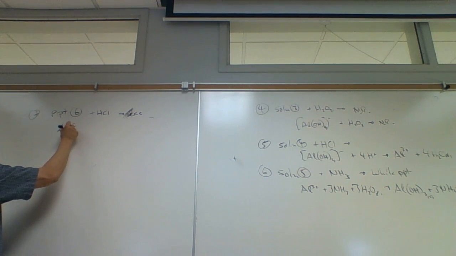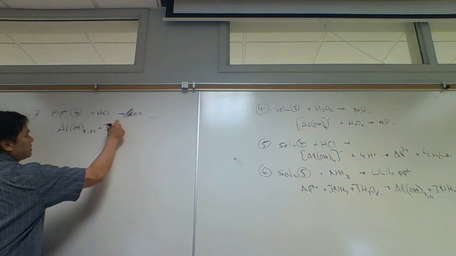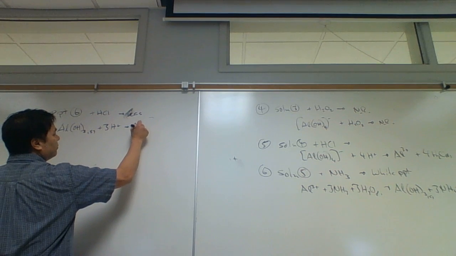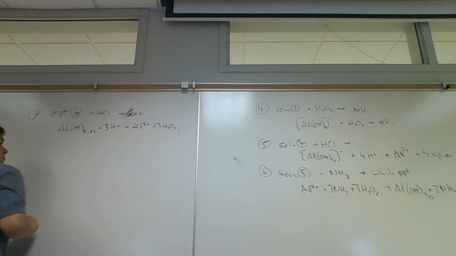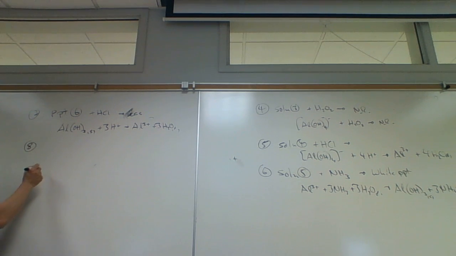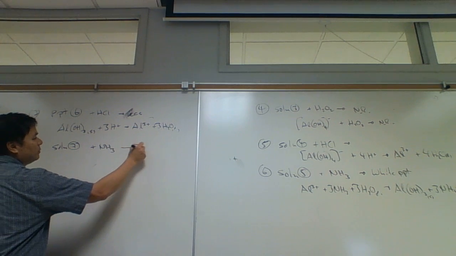The equation for that is just aluminum hydroxide solid plus 3 H plus should give us Al3 plus 3 waters. And then what? You add ammonia with aluminon. So we'll take the solution from 7 plus ammonia plus aluminon.